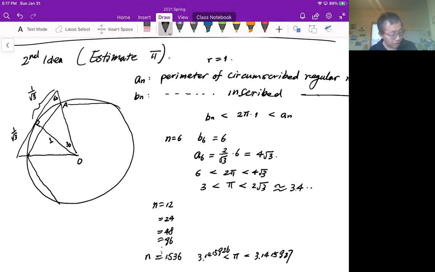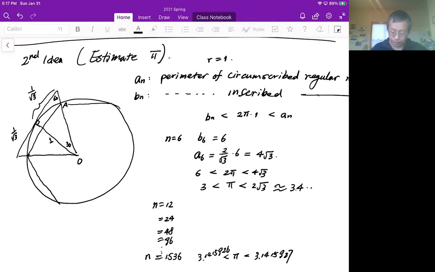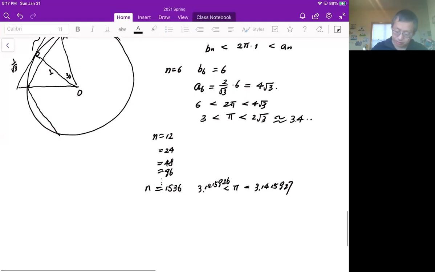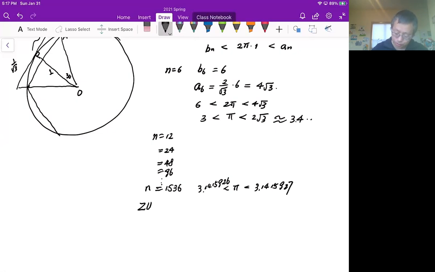And who did that? Someone in history, and I'm going to write down the name, because we should memorize this great person. It was done by someone with the last name Zhu.